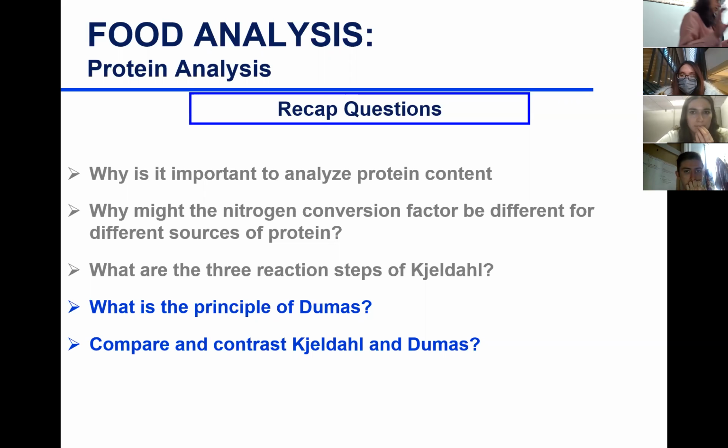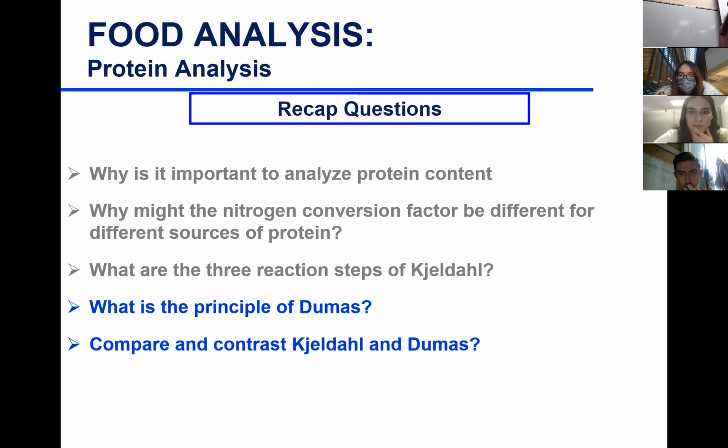We can say that Kjeldahl is volumetric. That is true, but it's not necessarily, Dumas is not, you take a weight and then you take a weight at the end. There is no such thing in Dumas, so we cannot call it a gravimetric assay. We actually determine the conductivity of nitrogen. So it's not about the weight, and we convert that to a weight by having a standard curve.